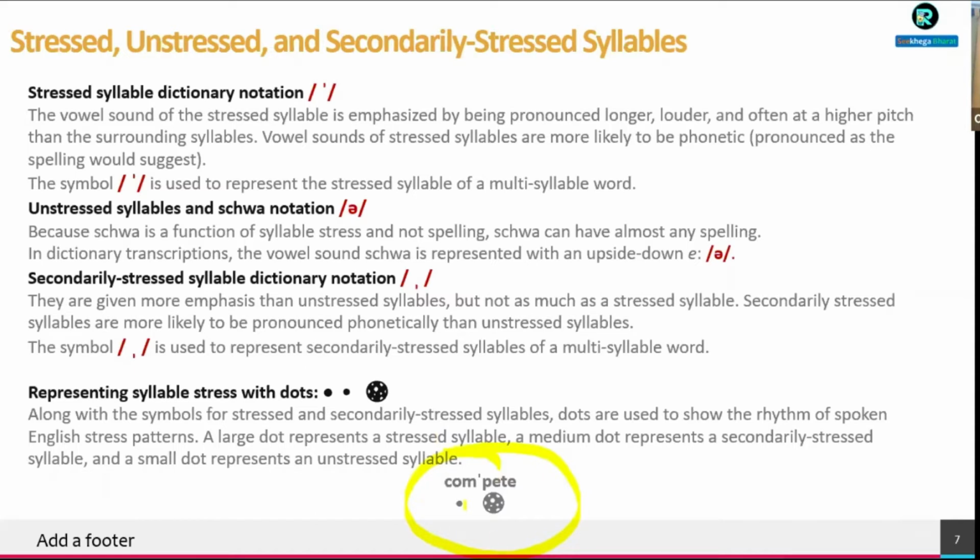This is no stress, and this is stressed. Where it is unstressed, you move faster. We don't say compete, we say compete. That means you have to move quickly.